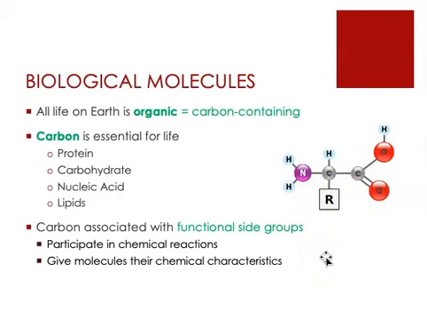It's the R group, the functional group on an amino acid, that distinguishes one from the other and helps determine whether that amino acid has polar chemistry or non-polar chemistry, whether or not it has any charges associated with it, positive or negative, and how that amino acid is going to interact with other amino acids and cause the folding that needs to occur to create a protein.